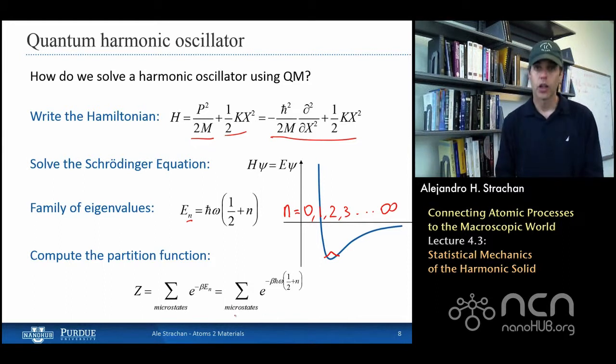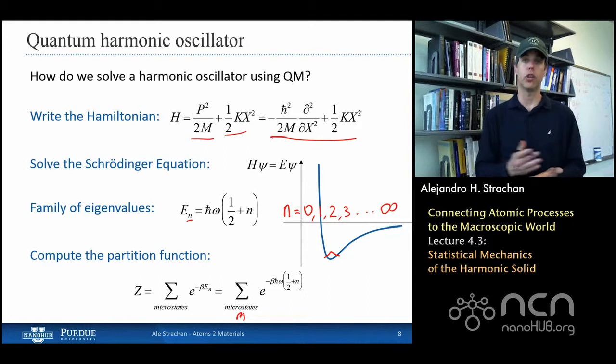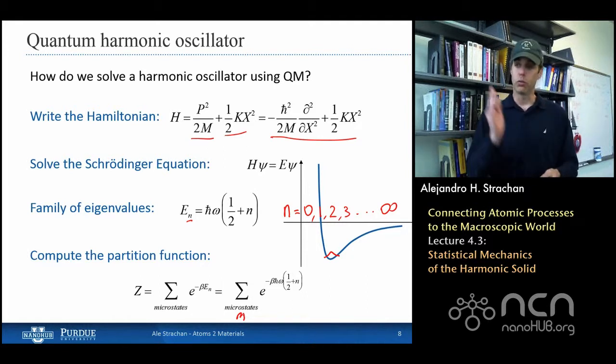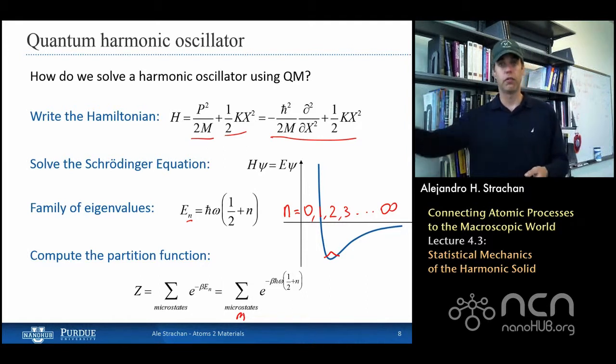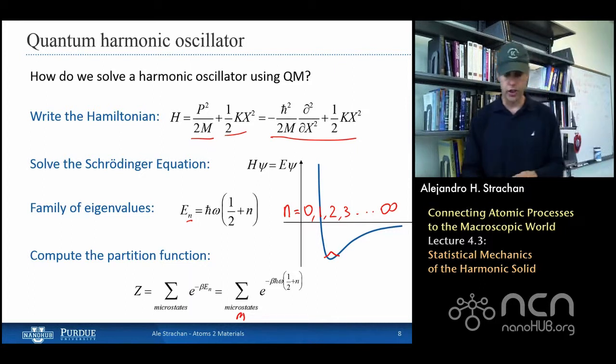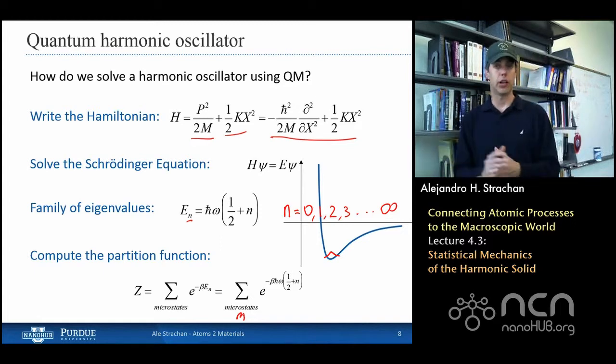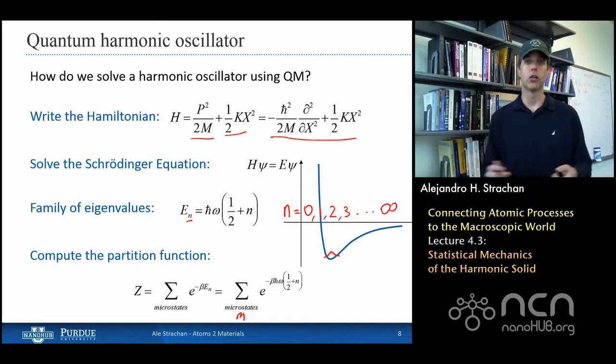Those are all the possible states in which my harmonic oscillator can be: n equals 0, 1, 2, 3, 4, all the way to infinity. And I know that the energy of each state is h bar omega times (1/2 plus n). So I plug that in.